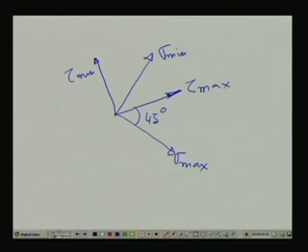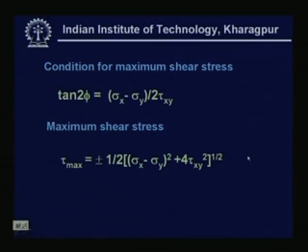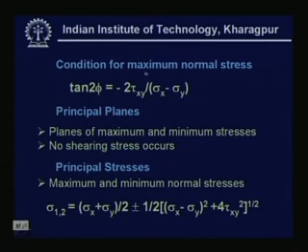Now, in this transformation of stresses, the condition for maximum normal stress we have just derived is tan 2 phi equal to this one. These are the principal planes: the planes of maximum and minimum stresses, where no shearing stress occurs. The principal stresses, the maximum and minimum normal stresses, are given by relationships 1 and 2.